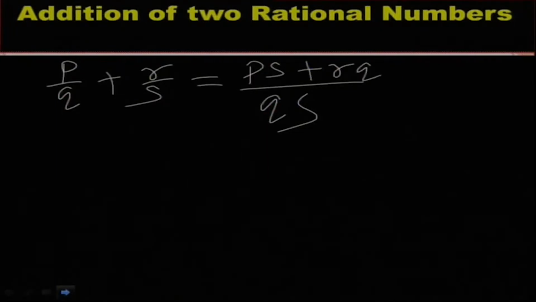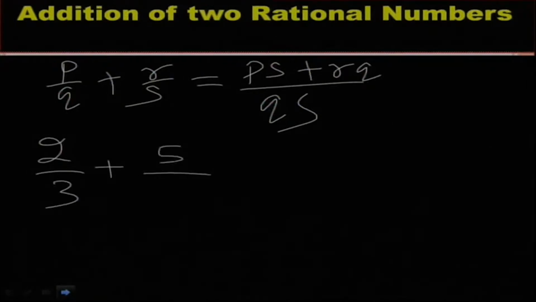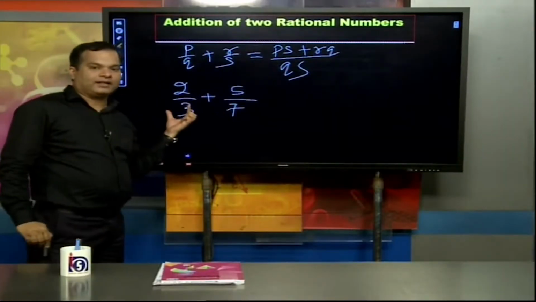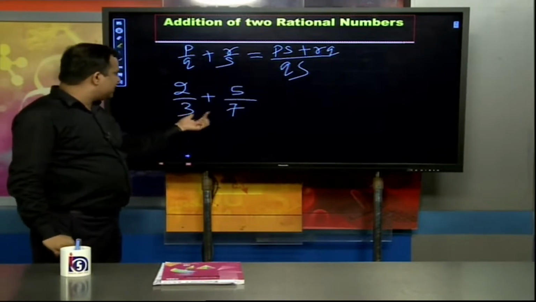For example, 2 by 3 plus 5 by 7. How do we add them? Here the denominators are different, 3 and 7.